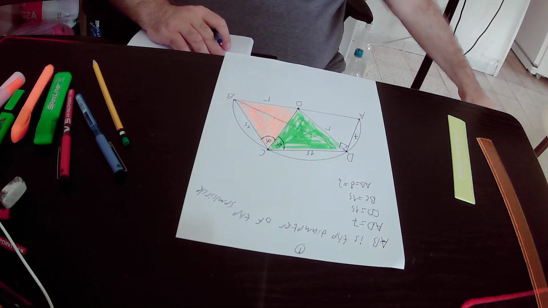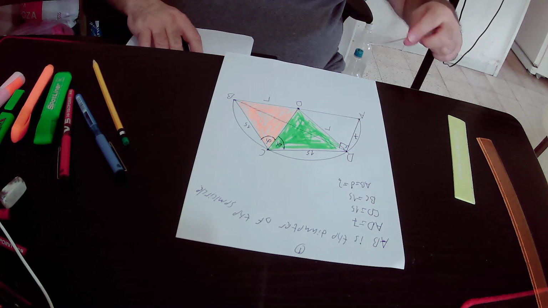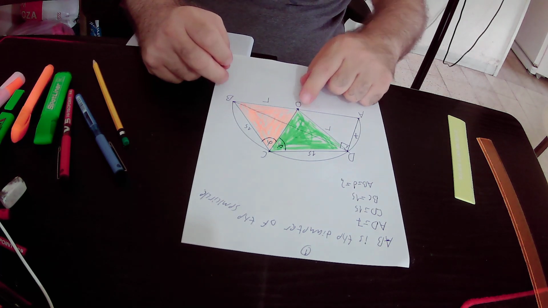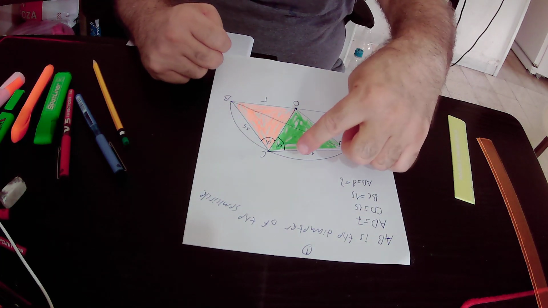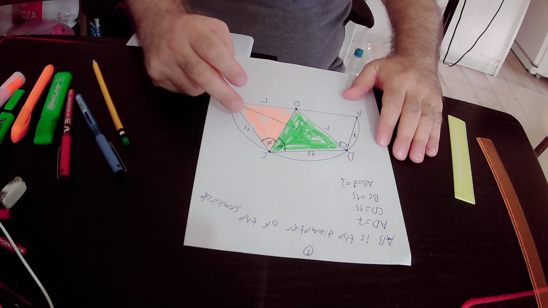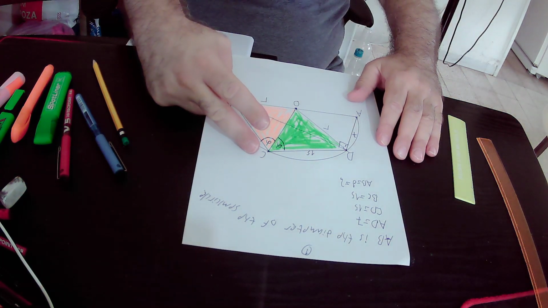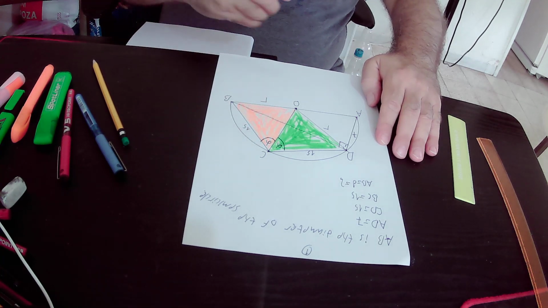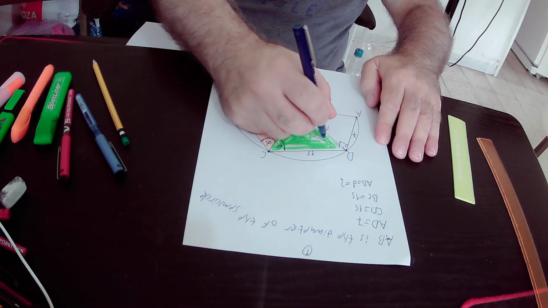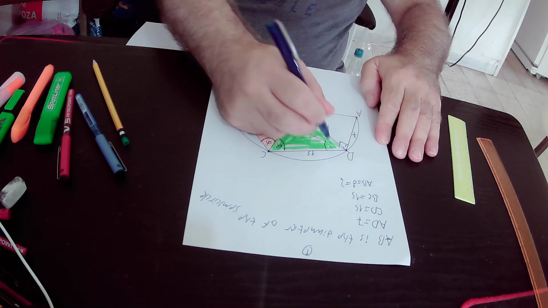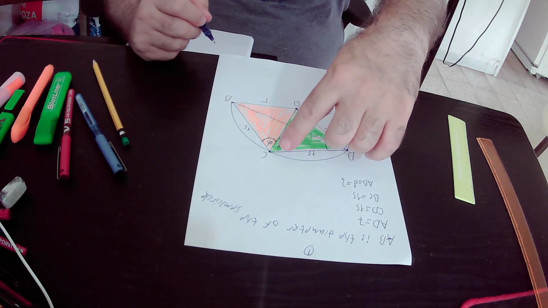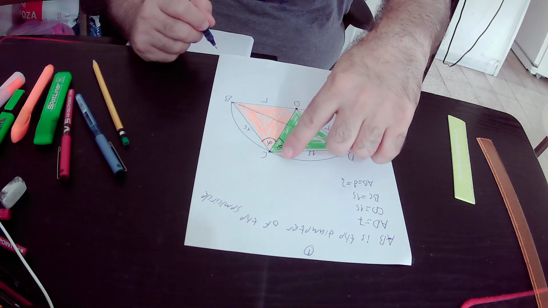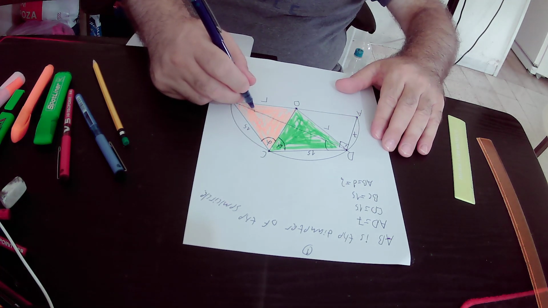So actually, if we focus on triangle DCB, we know that side DC equals side CB, and in front of side CB in triangle DCB we have this angle, and in front of this side DC of triangle DCB we have this angle.